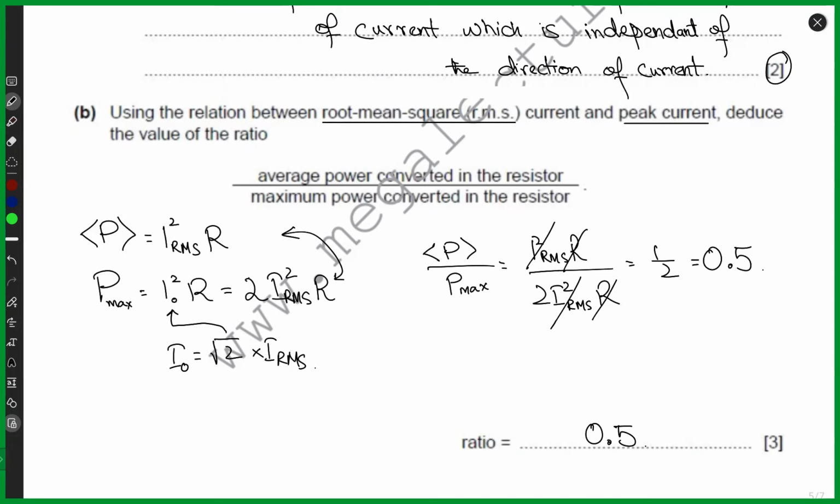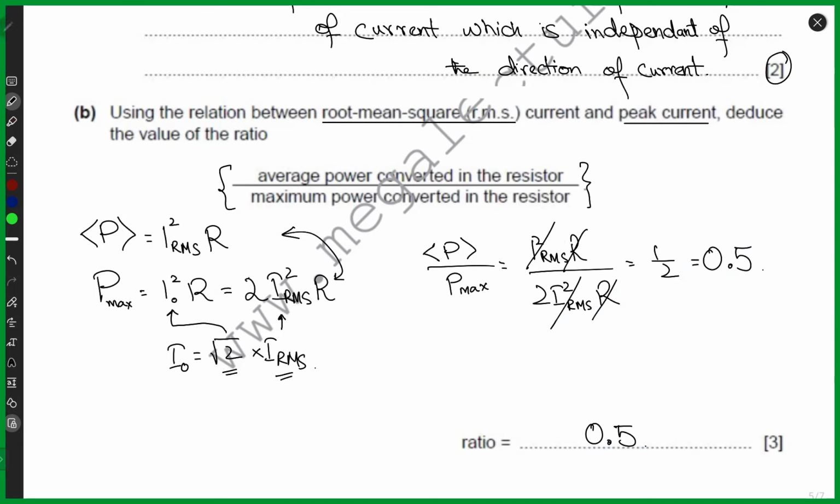Is that clear? So can you explain this part again after the power max? Okay, so from power max, we just use this equation I naught equals square root 2 times I RMS for I naught, right? And then you just substitute this back in this, so you get this thing. Now you want to find this ratio that they've given you, so the average power to maximum power. Average power is I squared RMS, the root mean squared value of the current, times the resistor R. So that's what I wrote.